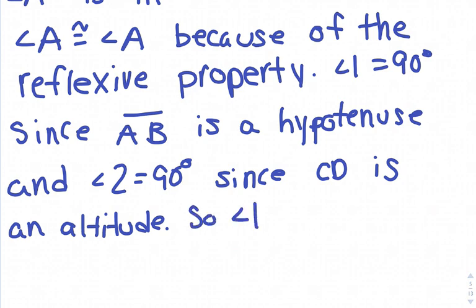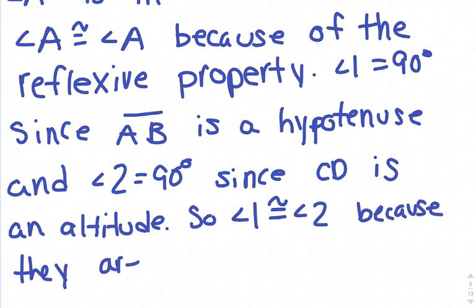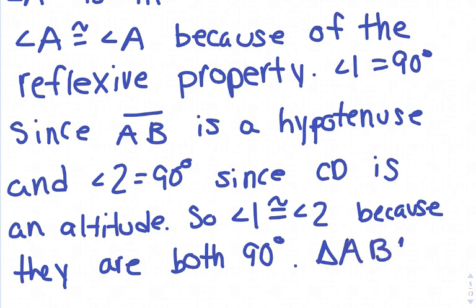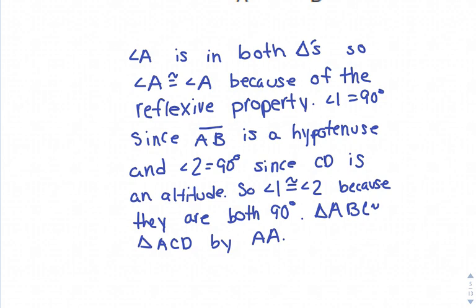So angle 1 is congruent to angle 2 because they are both 90. Therefore, these two triangles are similar by angle, angle.